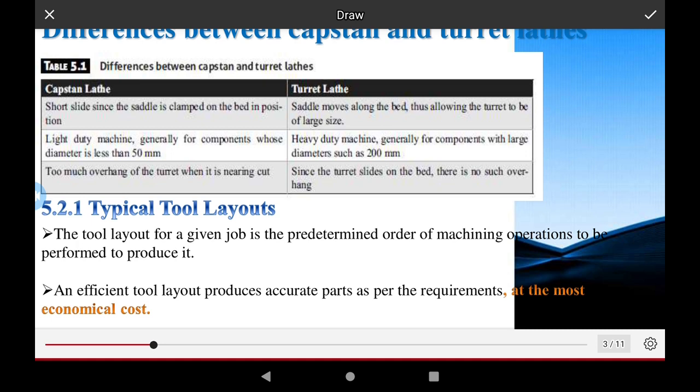Okay, the efficient tool layout produces the accurate part as per the predetermined requirement at the most economical cost. These machines also perform very typical work, and the process meets the requirement at the most economical cost.